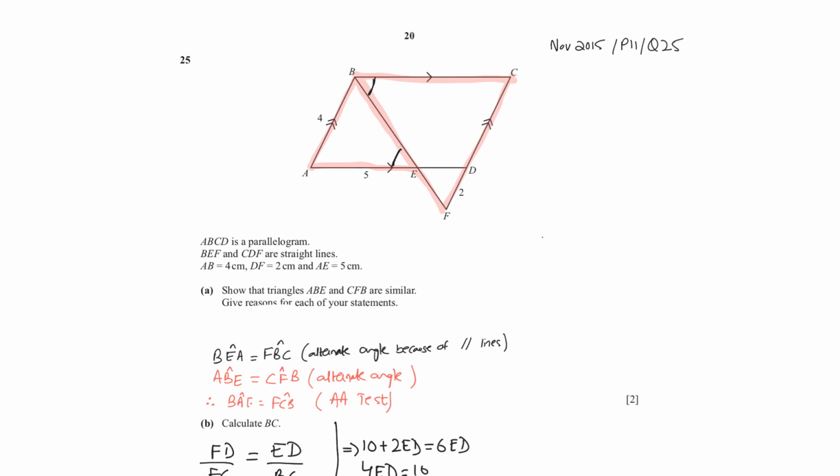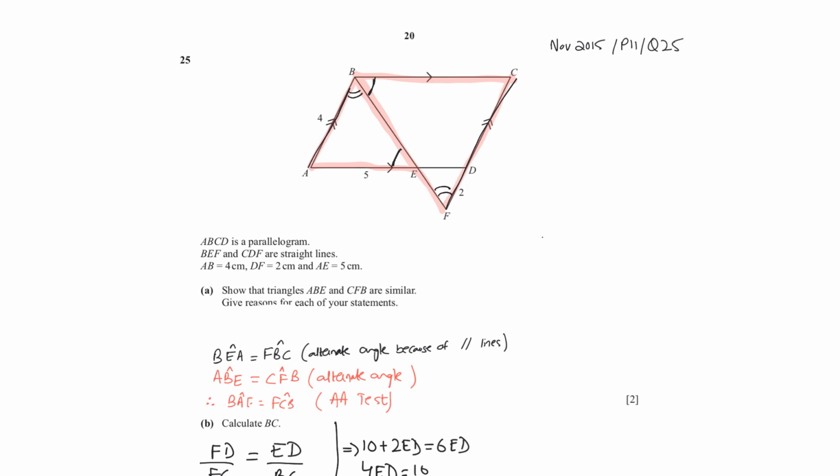Also, ABE, which is this angle, must be equal to CFB because AB and FC are also parallel lines. Again, an alternate angle is formed.